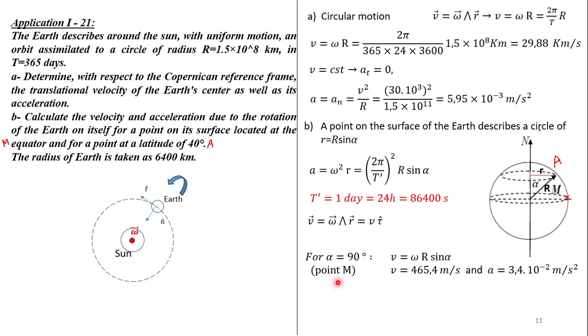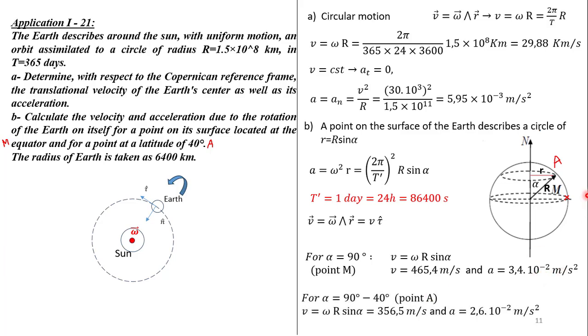V is equal to omega times r times sine of alpha, where alpha is 90 degrees. Omega is equal to 2 pi over T prime. So you will find V equal to 465.4 meters per second, and the acceleration, you will find it as 3.4 times 10 to the power of minus 2 meters per second squared.